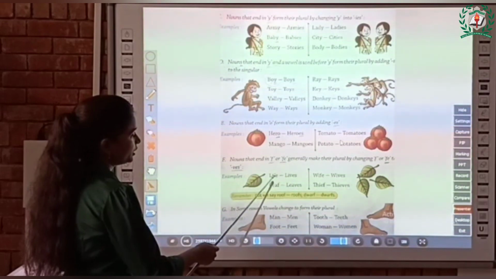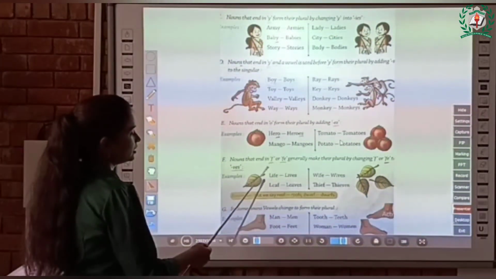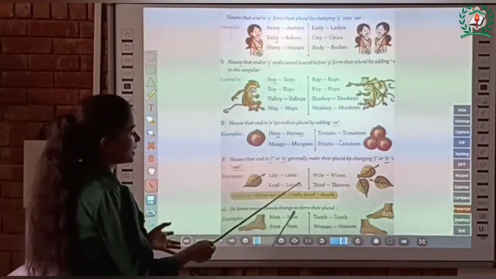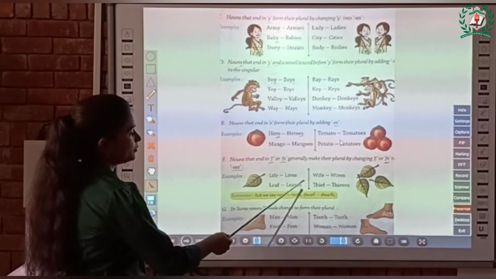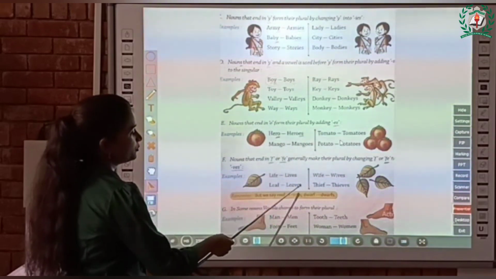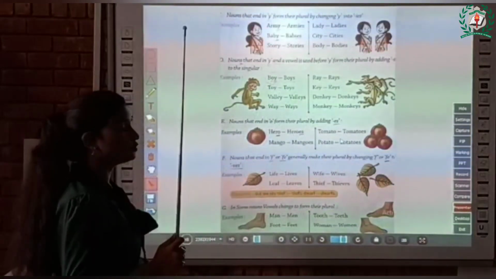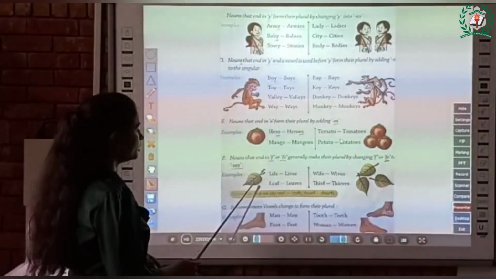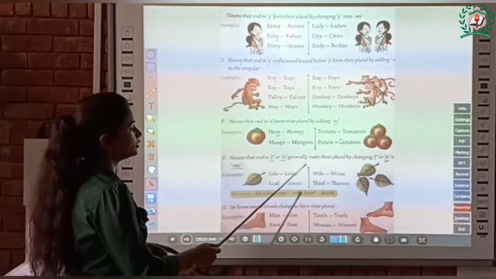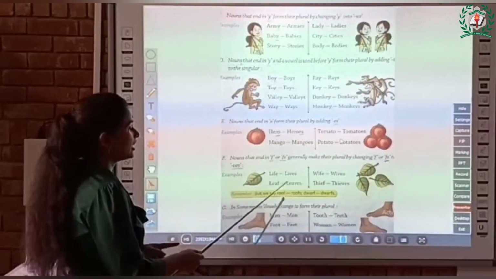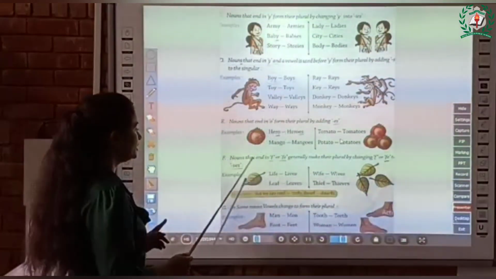Here we remove the FE part and add VES. So life becomes lives. Like this, leaf becomes leaves. Wife becomes wives. Thief becomes thieves. Children, always remember, we do not follow this rule in these two singular naming words, roof and dog. We just add S, not VES.